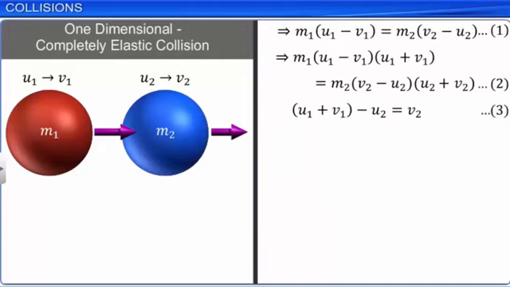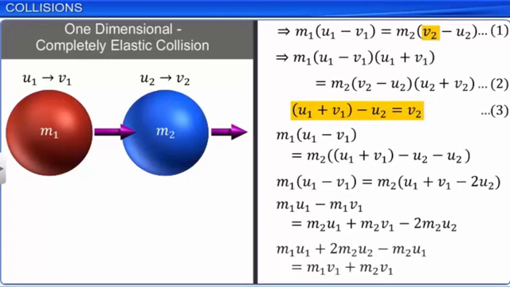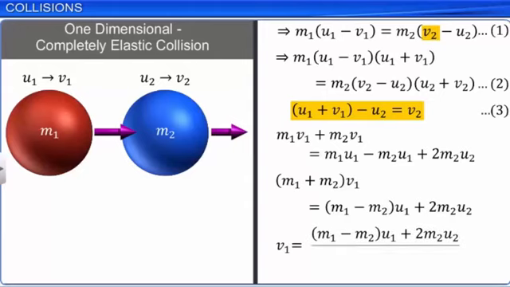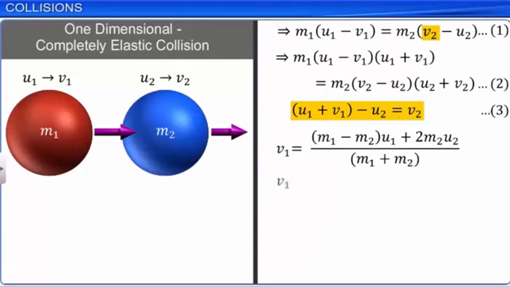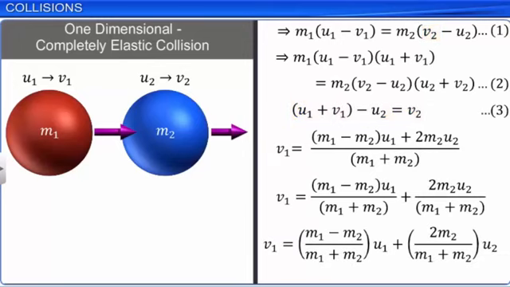Substituting the value of v2 from equation 3 in equation 1 and simplifying as shown, we get the final velocity of m1 as v1 is equal to (m1 minus m2) by (m1 plus m2) into u1 plus 2m2 by (m1 plus m2) into u2. Let this be equation 4.